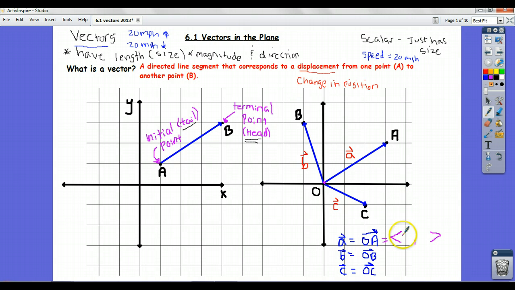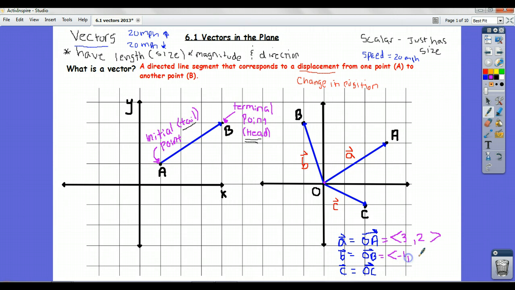So we would say vector A, or OA, can be written as <3, 2>. Notice the pointy brackets distinguish it from a point. If it's rounded brackets, it would obviously just describe the point (3, 2). But with the pointy brackets, that means this is a vector that moves you 3 to the right and up 2. Vector OB moves you left 1 and up 3.